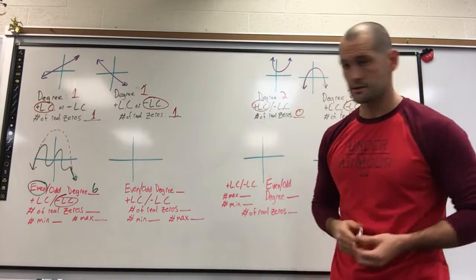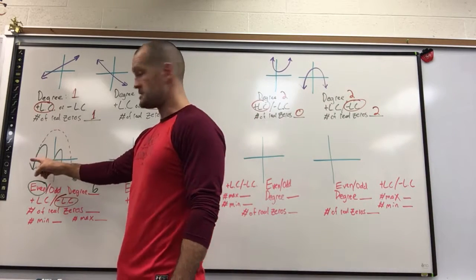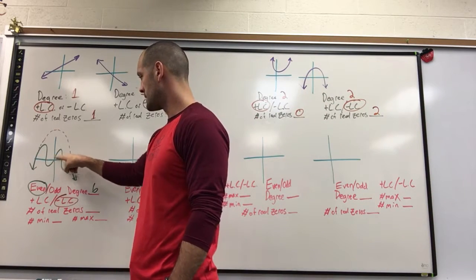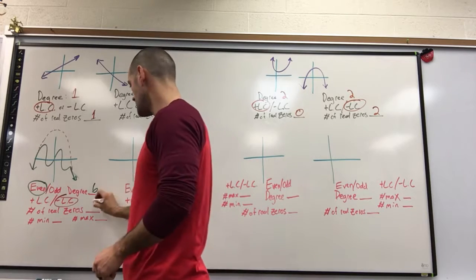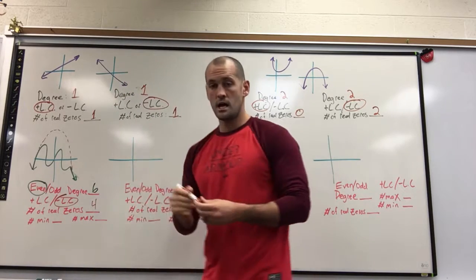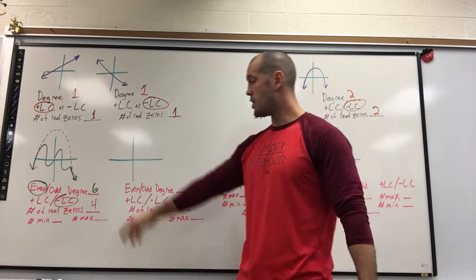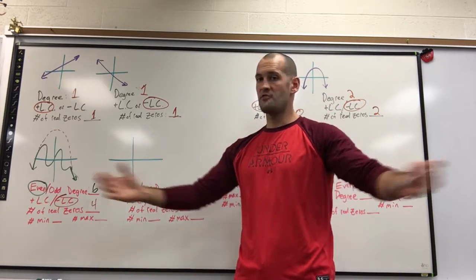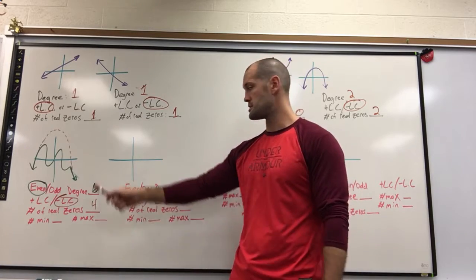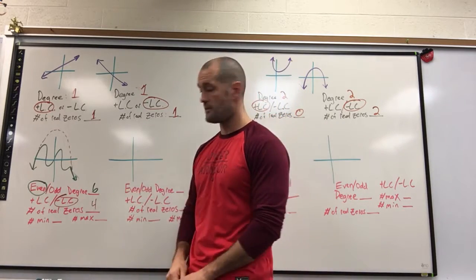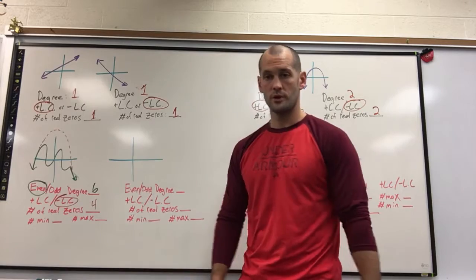Okay, number of real zeros. X-intercepts. 1, 2, 3, 4. Now keep in mind, the total possible x-intercepts or zeros is always the degree. It won't have more than that, but it's possible for it to have up to 6. But this 6th degree function only has 4 real ones.